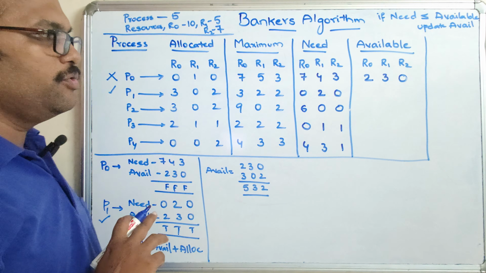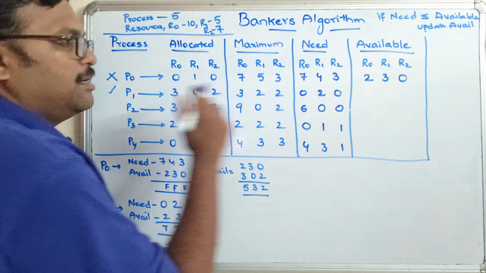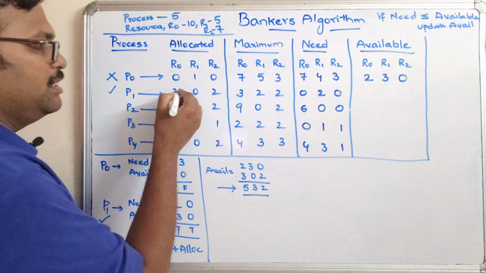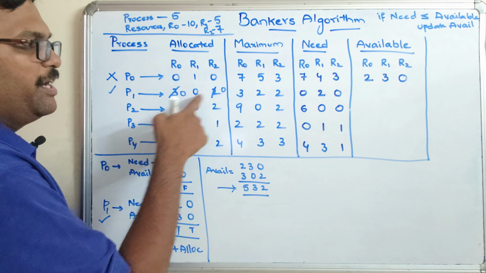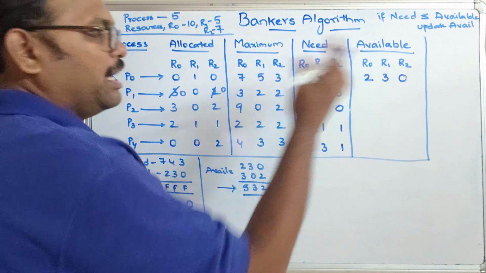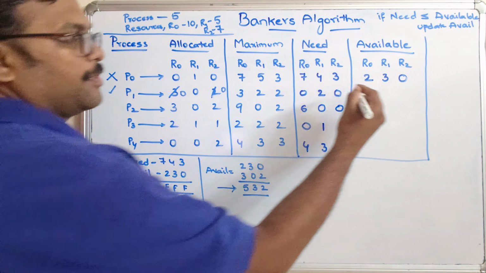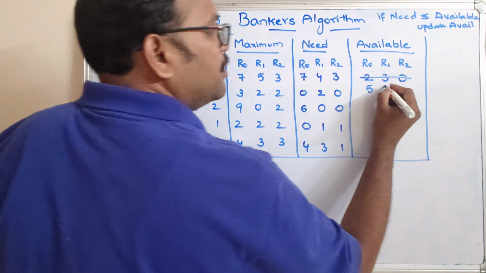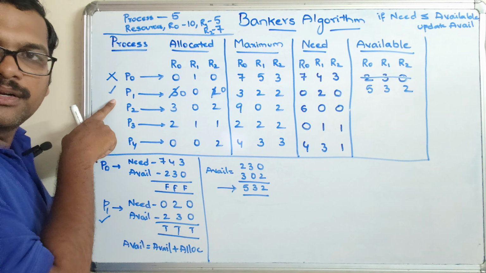After completion of this execution, the allocated resources will be released and added to the available resources. So now the available resources are 5, 3, 2 because P1 completes its execution.